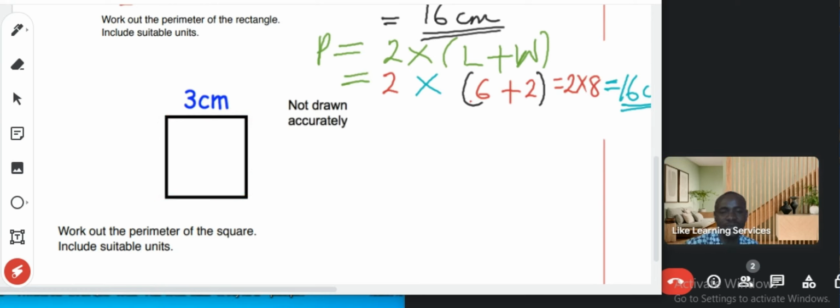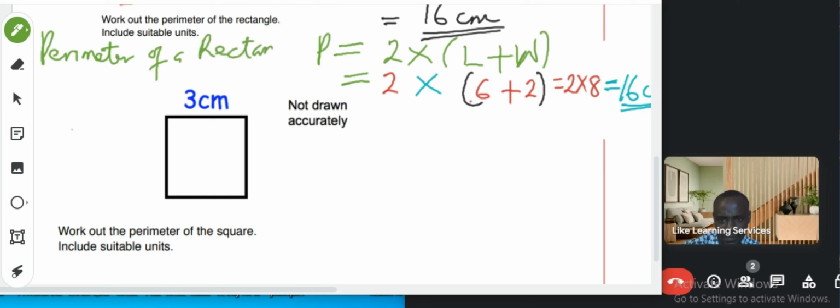Yes. By the way, this is the formula for the perimeter of a rectangle. Perimeter of a rectangle. Let me write it down. Perimeter of a rectangle, P, is equal to, what's the formula again?